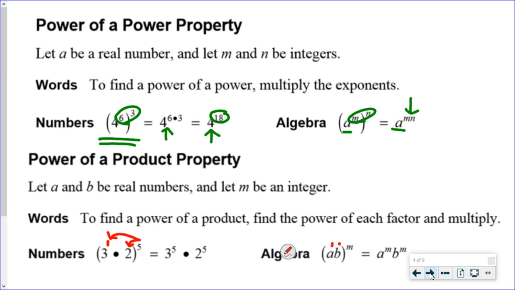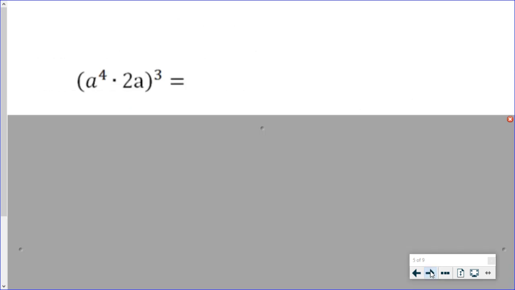There's a little 1 and a little 1. So you would have to apply that m to both of the powers. Again, even for coefficients, 5 times 1 is 5, and 5 times 1 is 5. So that's how you would do that. You distribute that almost into both terms.